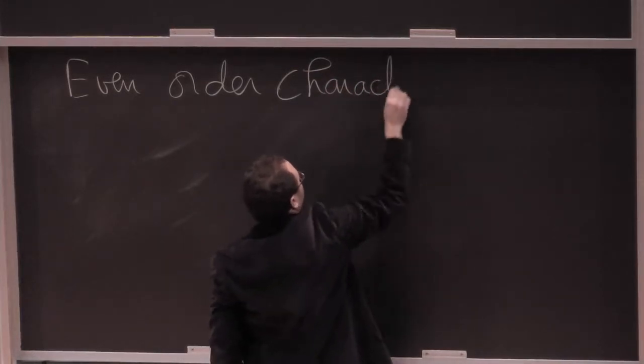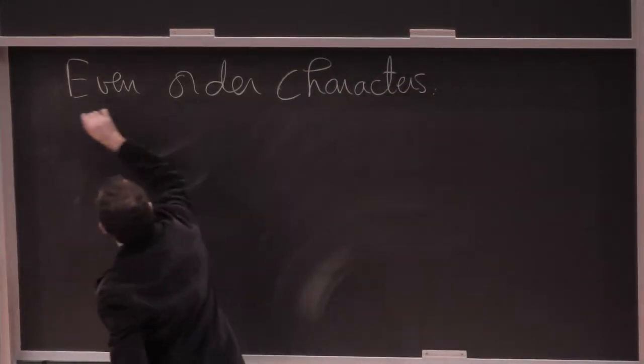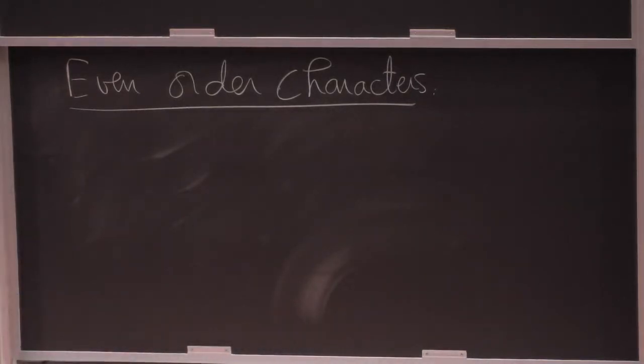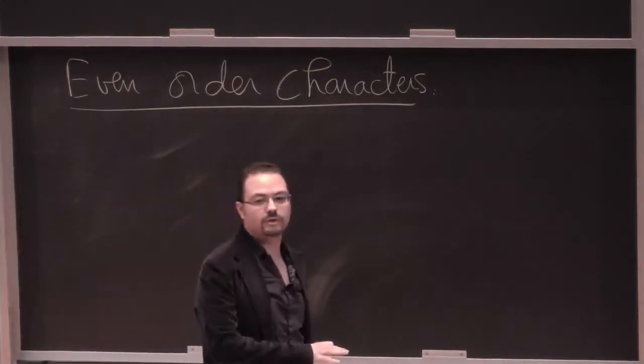So for even order characters, which are actually the hardest ones, up to now we do not have any improvement over Polya-Vinogradov for these. But we can say something about the omega results.